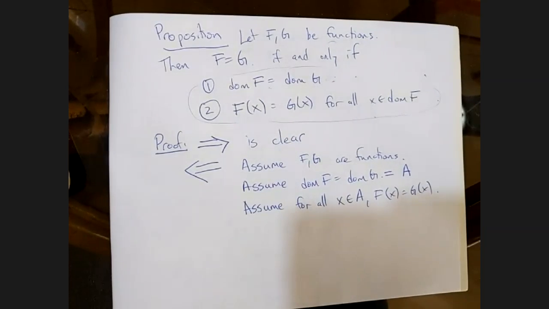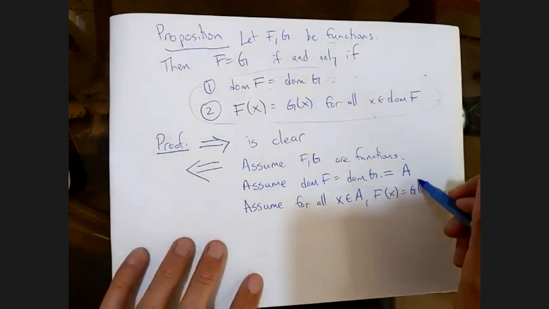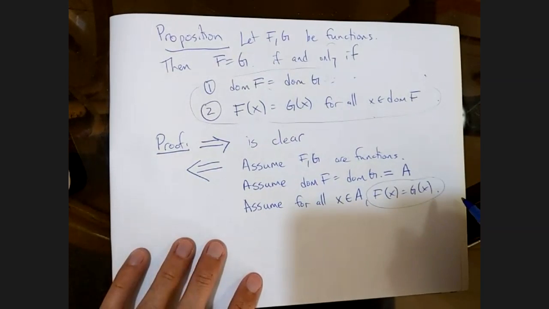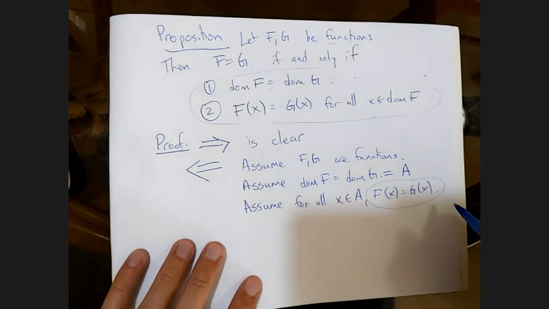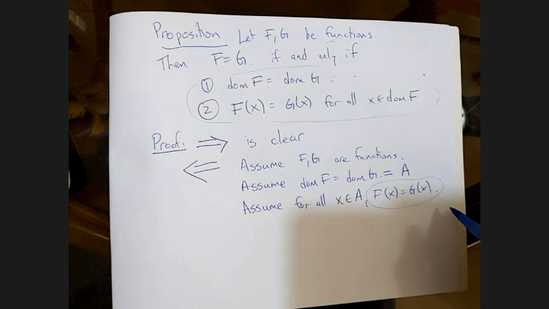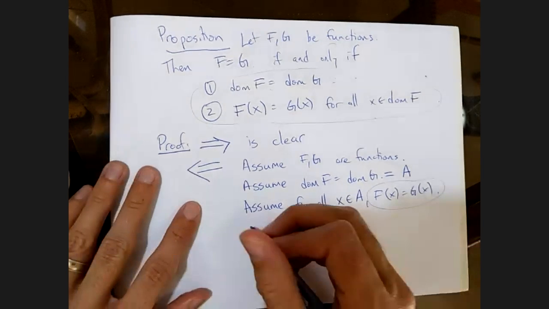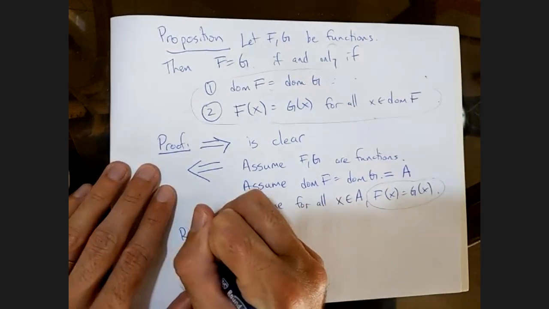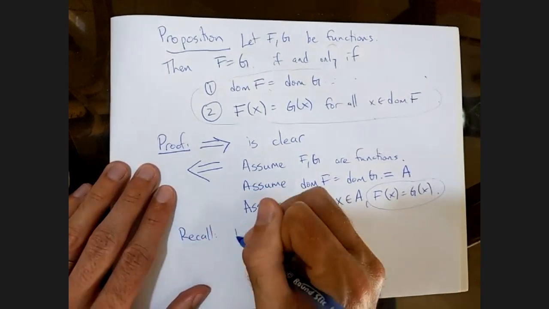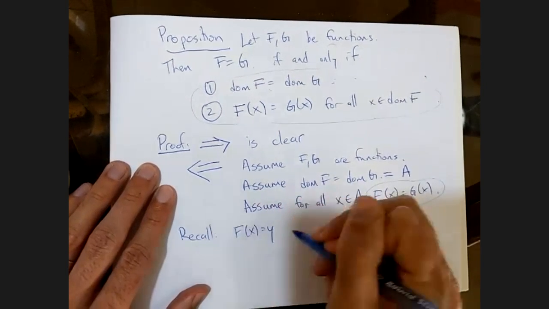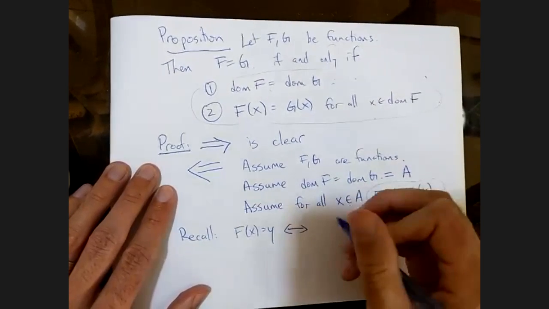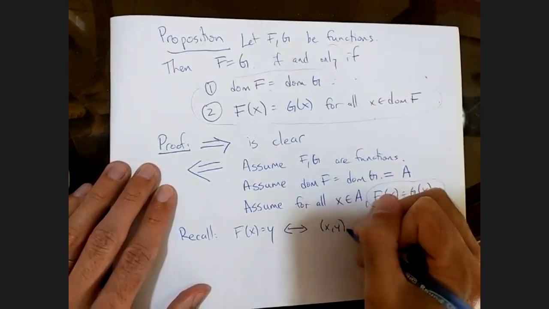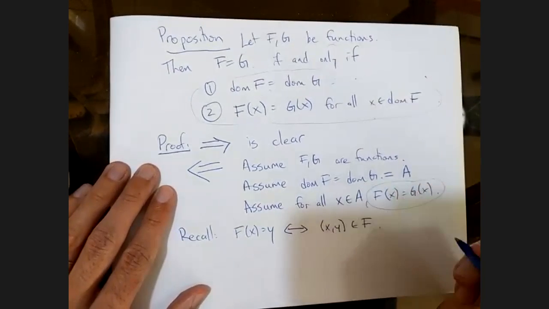And what this means, we have to translate what this means. Well, we just remember f of x equals y. That just means that xy is an element of f.